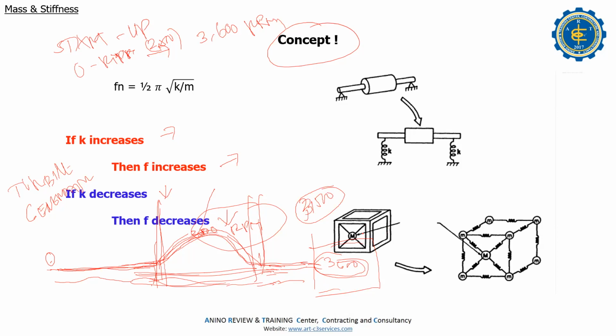So if you ask how to prevent it, we cannot prevent it, but we have to shift this critical speed so that we can only pass by it, and then go to our operating speed. You get the point?